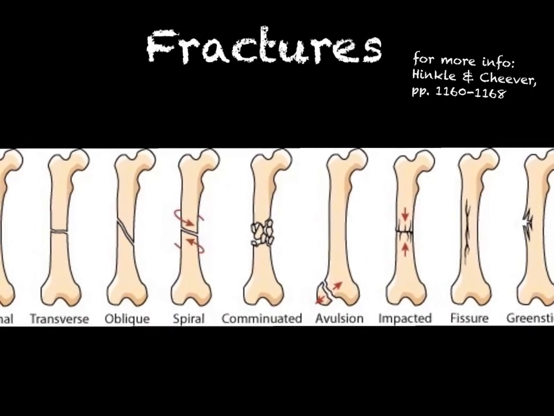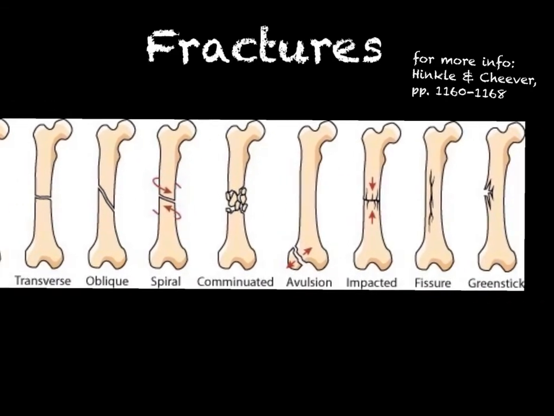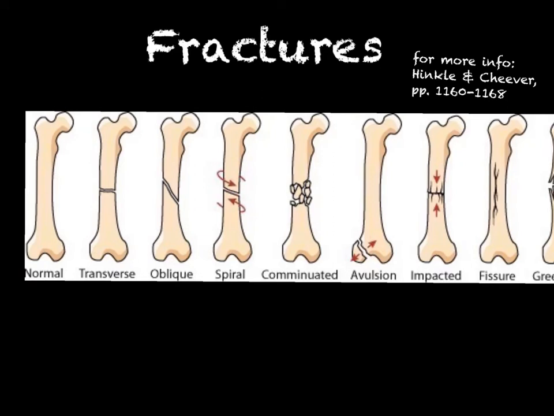Then there are oblique fractures. Oblique fractures go at an angle. They're a little bit harder to reduce than your transverse fracture, because they occur at an angle and sometimes those bone fragments don't want to come together.